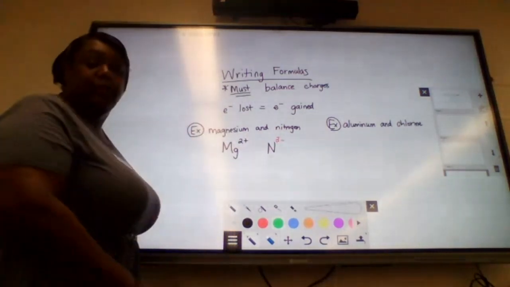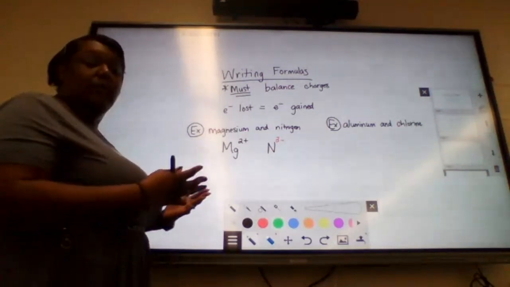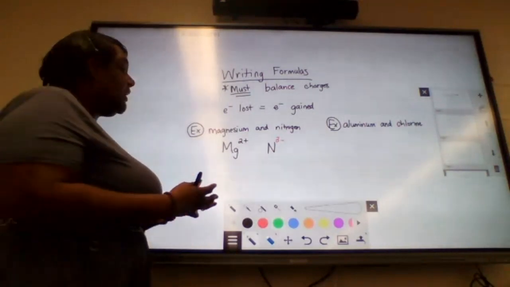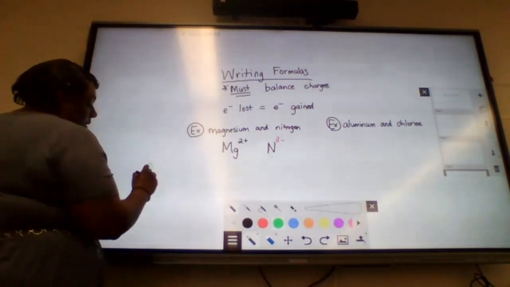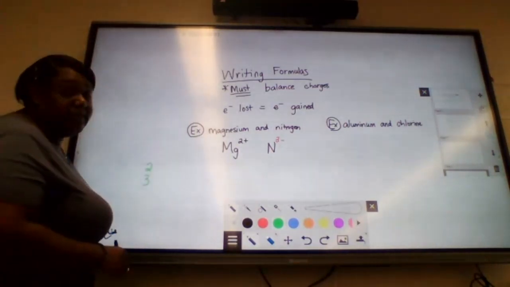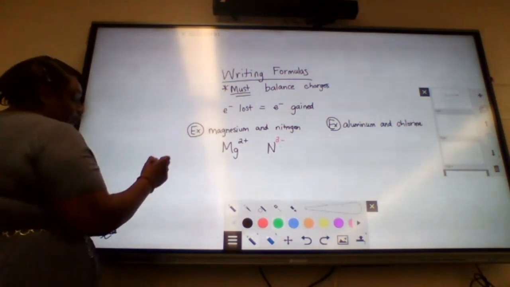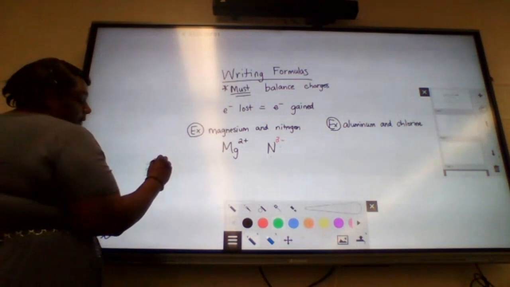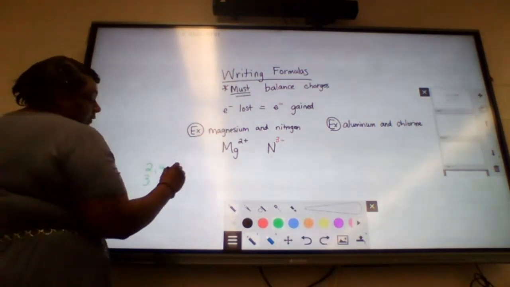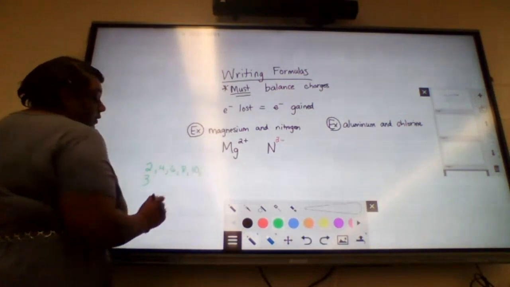So our numbers are 2 and 3. So the question is, of the numbers 2 and 3, what is the LCM? And you will remember LCM stands for least common multiple. If I list my multiples for 2, they are 2, 4, 6, 8, 10, and so forth.